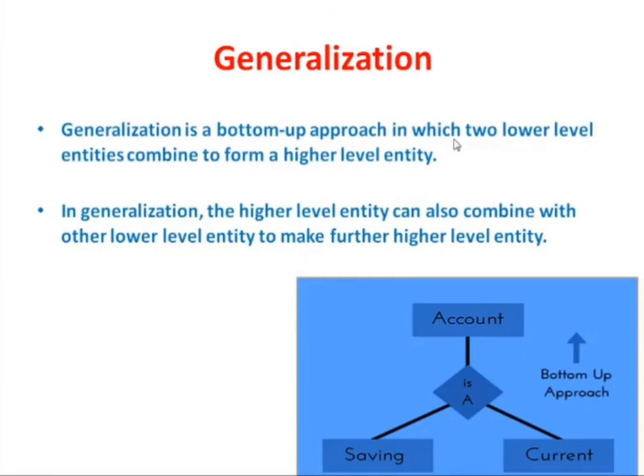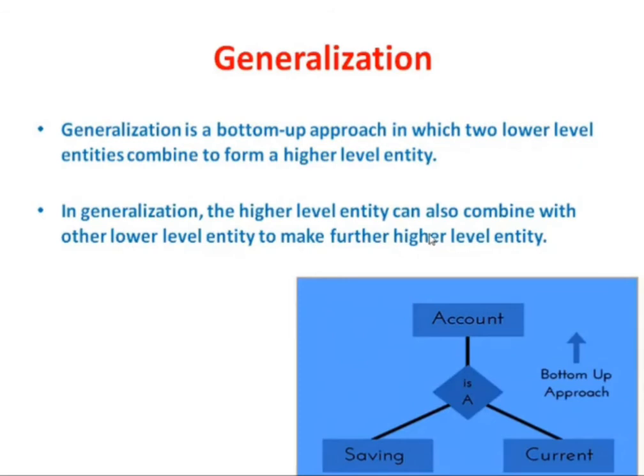I have given this example: account is an entity, but how is the account formed here? By combining two lower level entities, saving account and current account. So saving and current account combine to form a general account. This method is called generalization, or you can also call it the bottom-up approach.